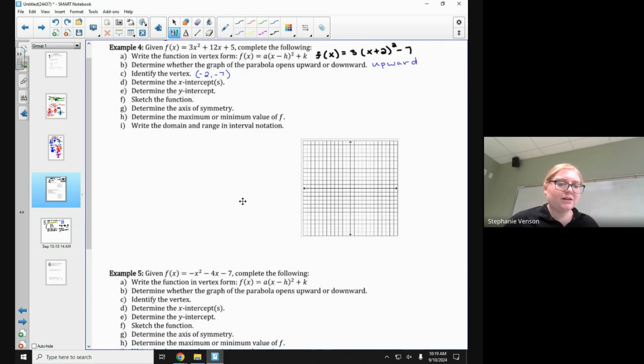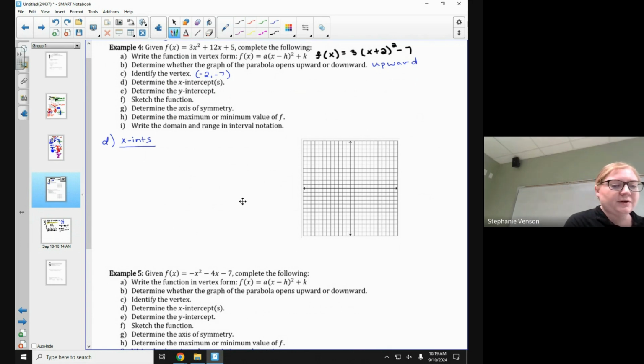All right, now let's talk about the x-intercepts. D, determine the x-intercepts. Now, technically, we know that to find the x-intercepts, you let y be 0. What I was going to say, but I was getting ahead of myself, is technically you can set either function equal to 0.